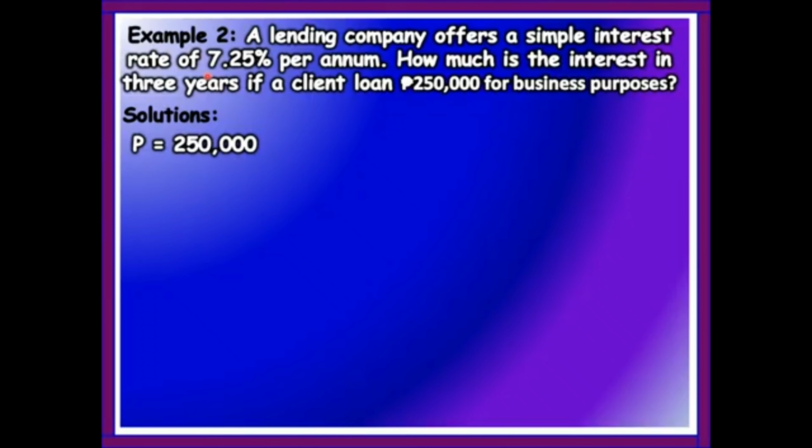Next is our 7.25%. That is your R, or the rate of interest. And then there is 3 years, and that is your number of terms, or it's already in years, so T equals to 3. And we will solve for the value of I, or interest.